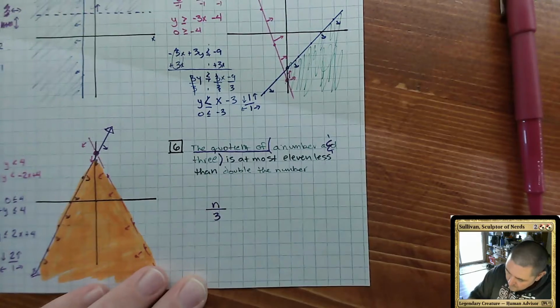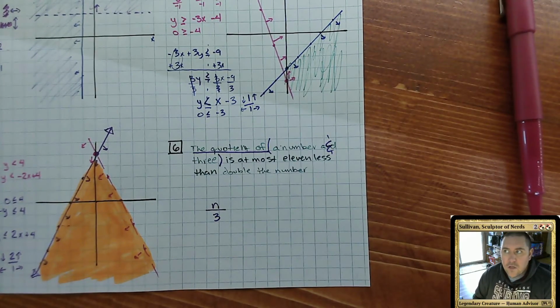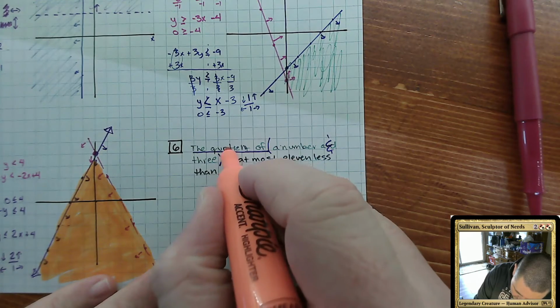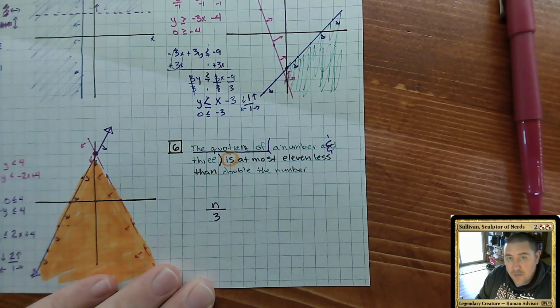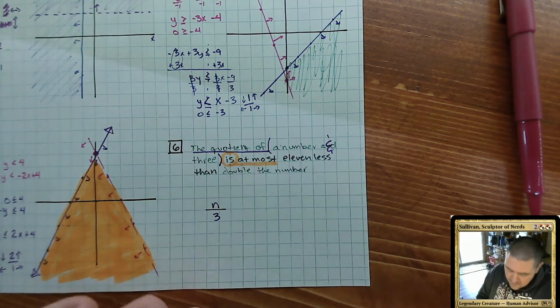Also remember, the first thing that we usually want to look for is our linking verb, our is, was, were, are, because is tells me I'm going to have my equal sign, or in this case, is at most tells me this is my inequality.